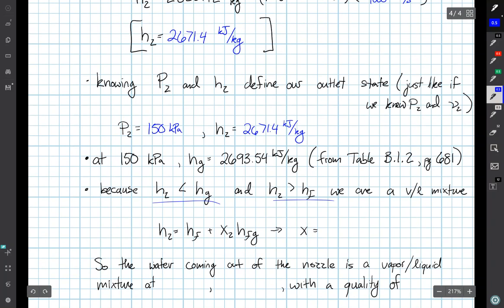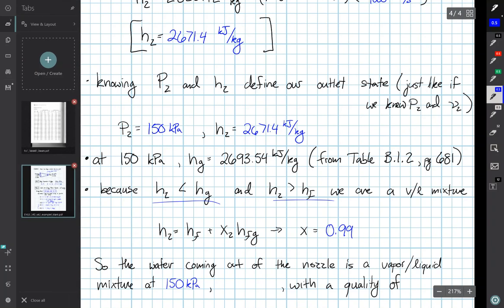So we can find from those two values, from HF and HFG, now we can find that X, if you were to go and do the math, is about 0.99. So the water coming out of the nozzle is a vapor liquid mixture. It's at 150 kPa.